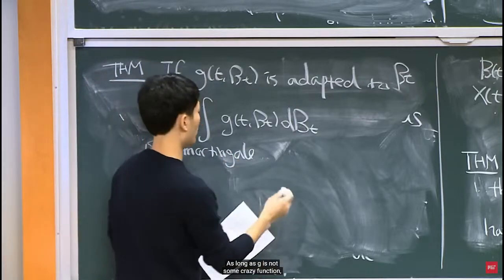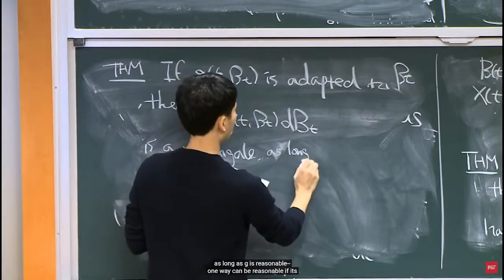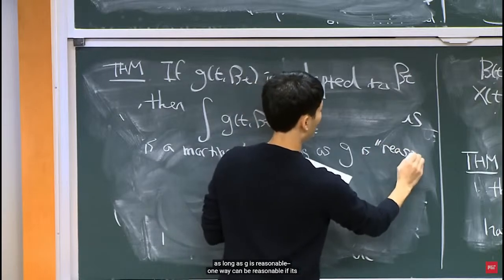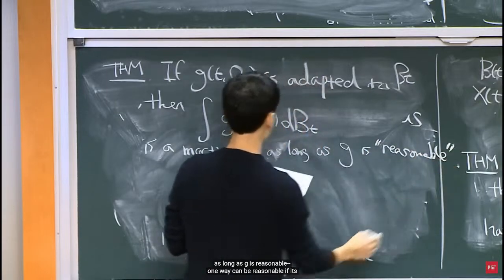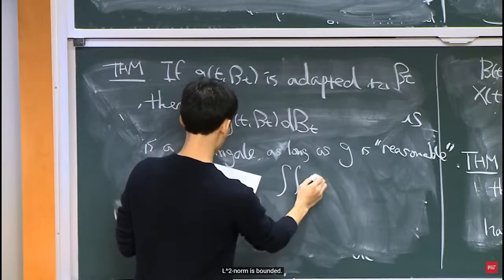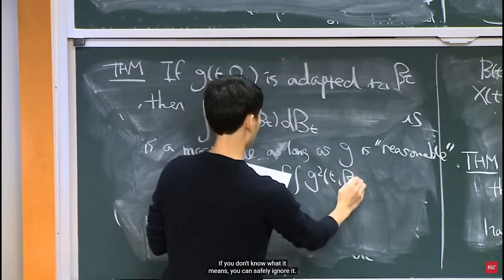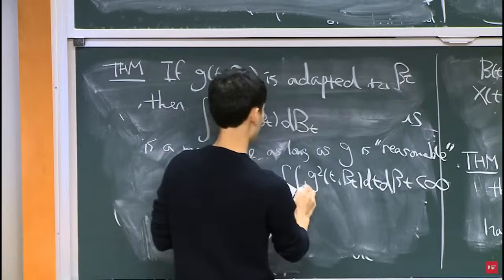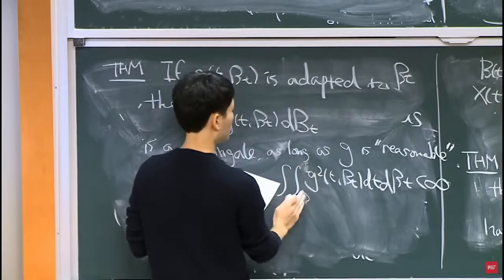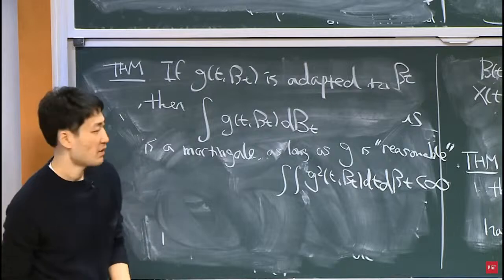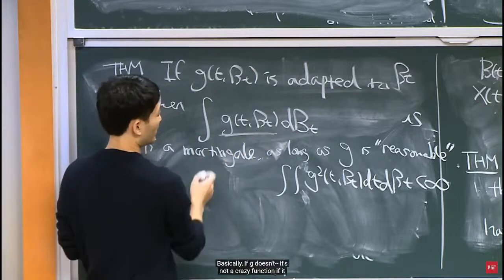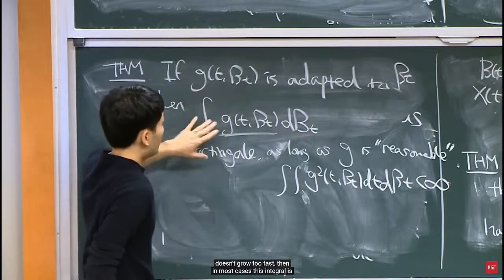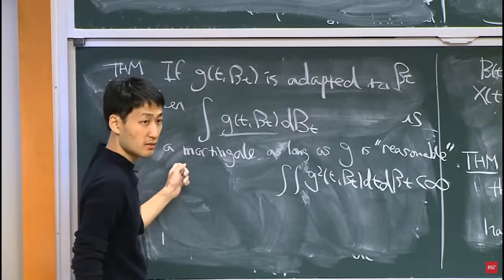As long as g is not some crazy function. As long as g is reasonable. One way you can be reasonable is if its L2 norm is bounded. If you don't know what it means, you can safely ignore it. Basically, if g is not a crazy function, if it doesn't grow too fast, then in most cases, this integral is always a martingale.